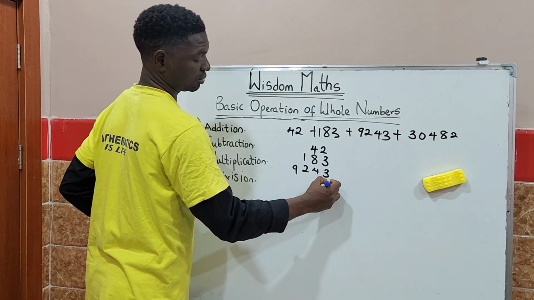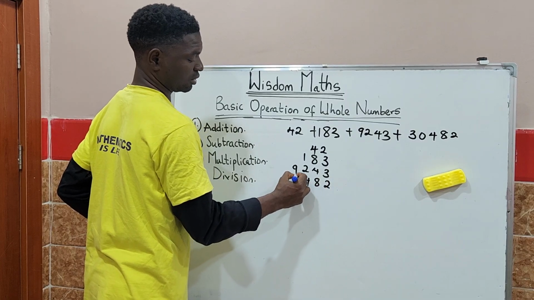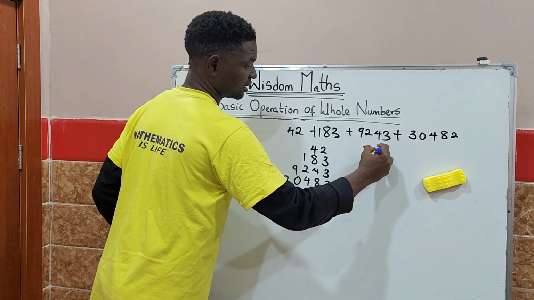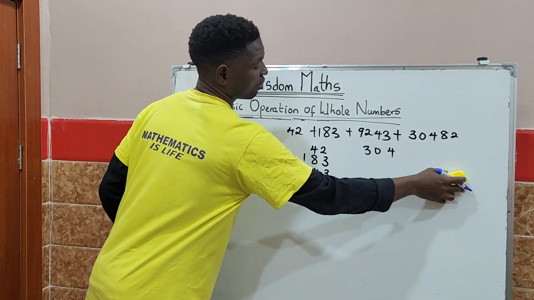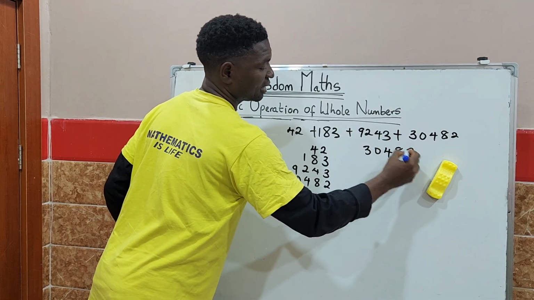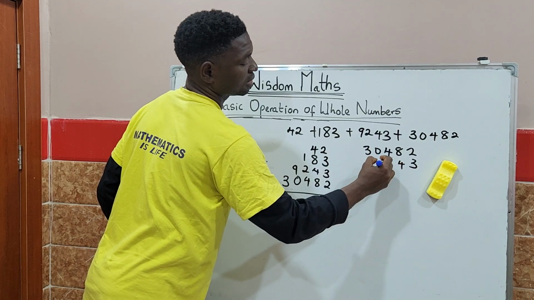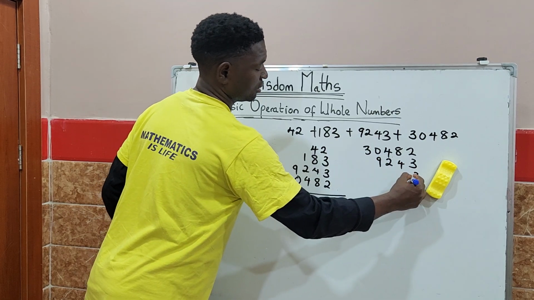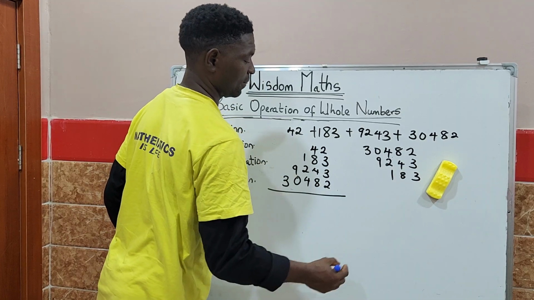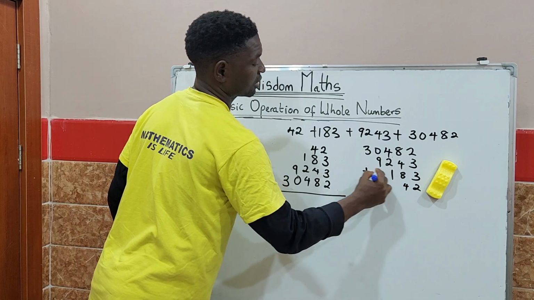Then we have this other one, 2, 8, 4, 0, 3. You can set it like this, or you can write the bigger number first, followed by unit, tens, hundred, thousand, and set it this way.